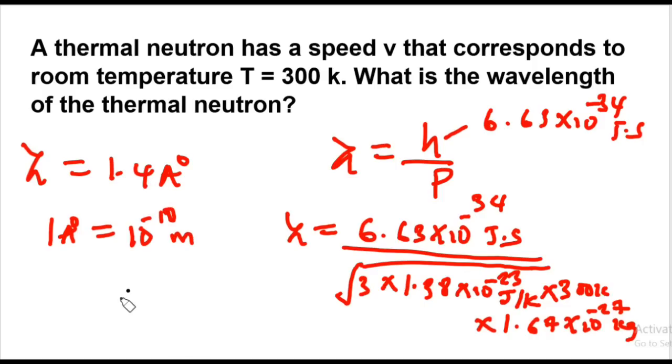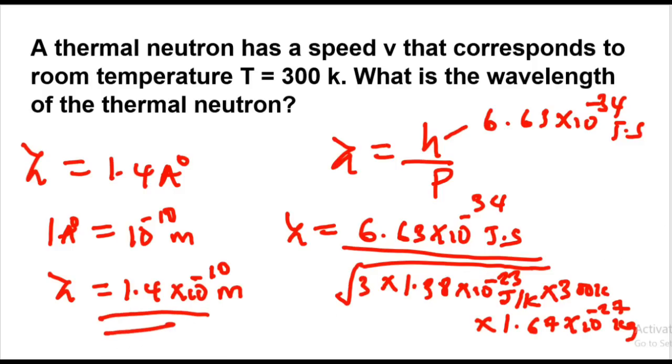So we can have λ equals 1.4 times 10 to the power minus 10 meter. So this is the wavelength of the thermal neutron.